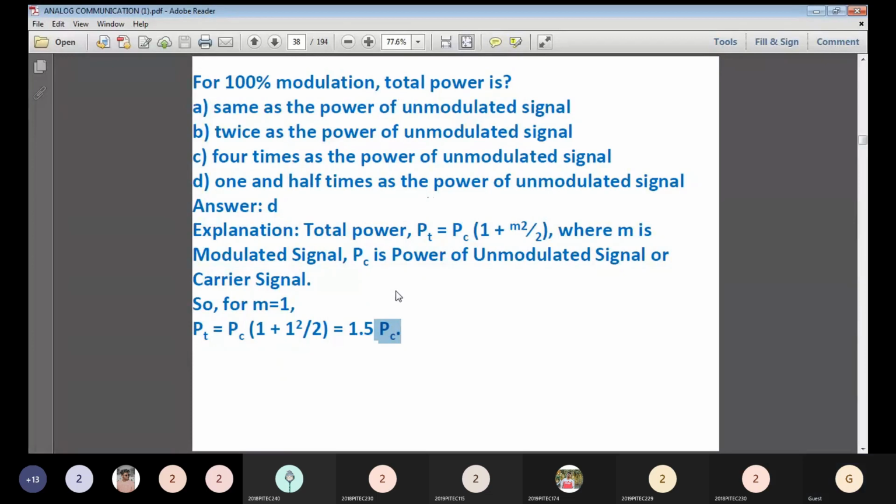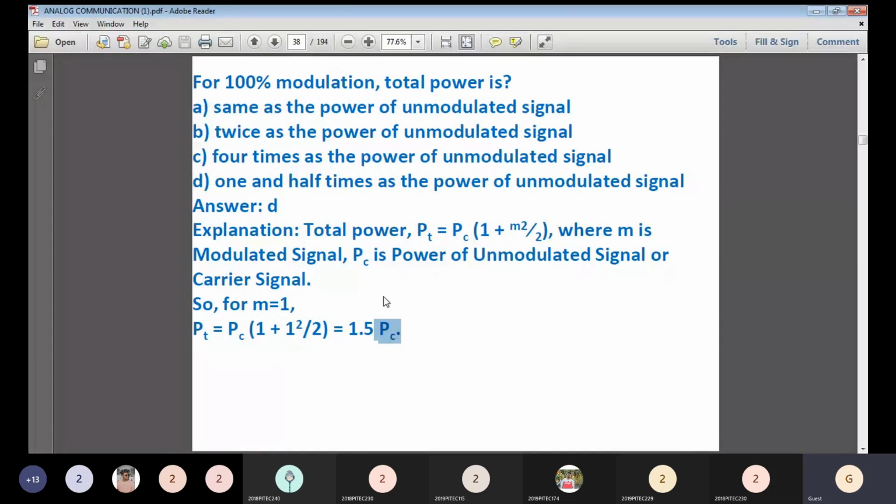That's all. In today's class, we have covered almost all the topics of amplitude modulation. What is a communication system, the blocks of a communication system, what is modulation, and the different types of modulation. Next, amplitude modulation: the concept, mathematical expression, and diagrammatic representation of the amplitude modulated signal.